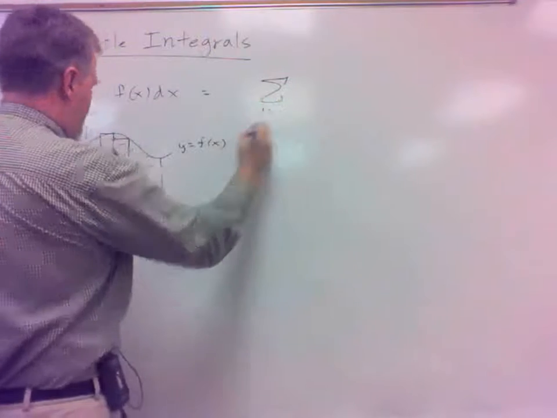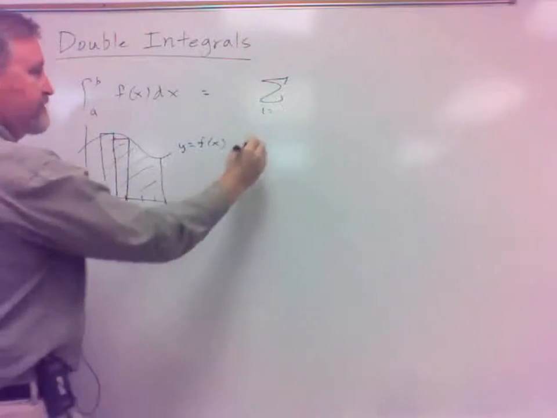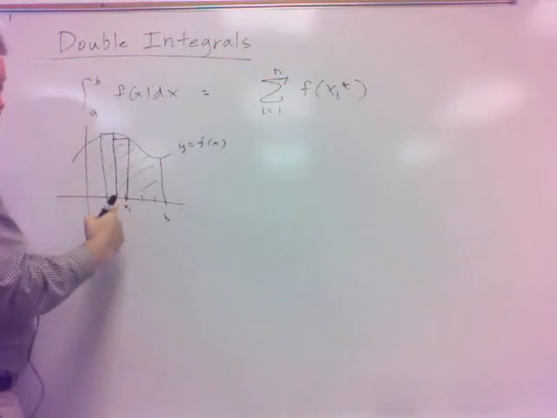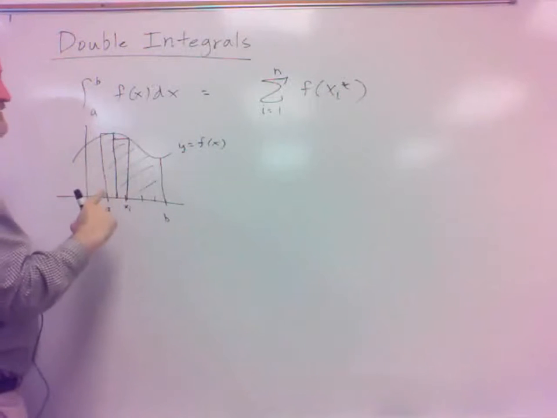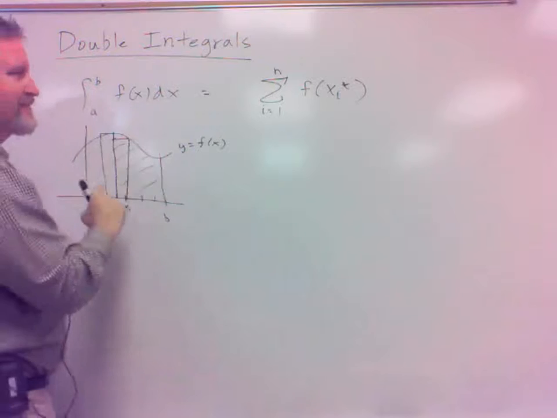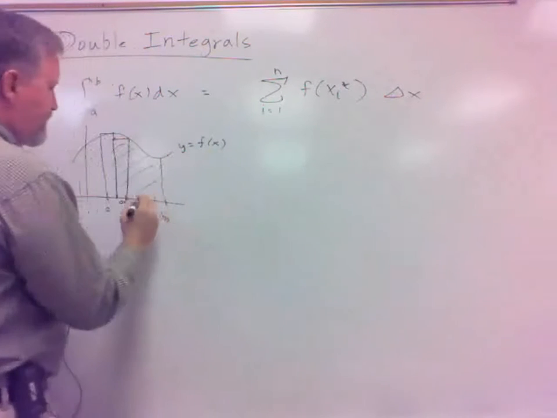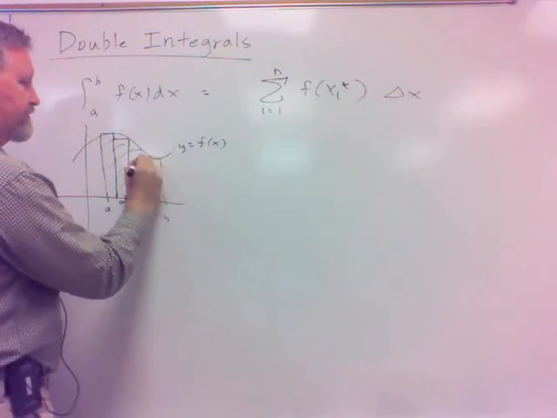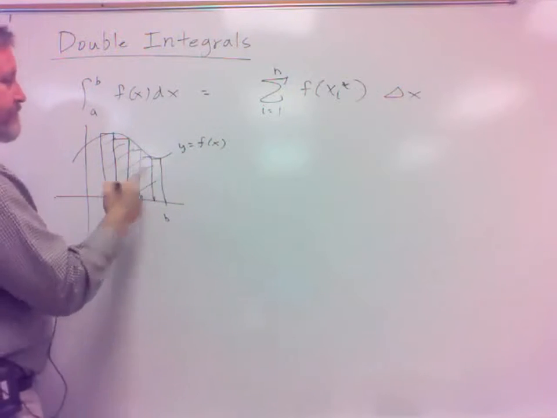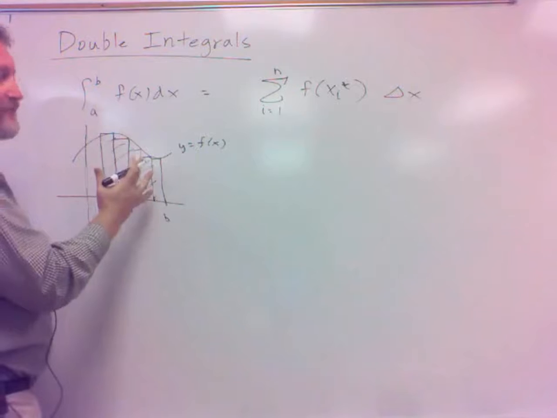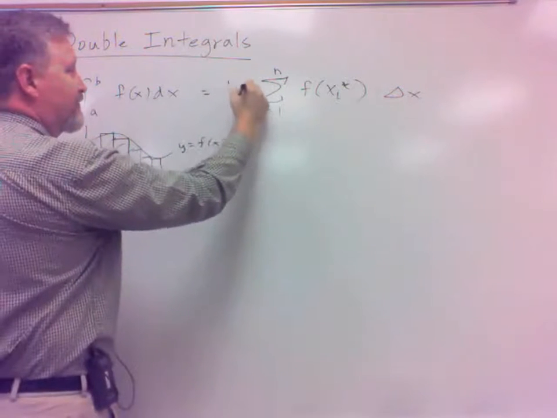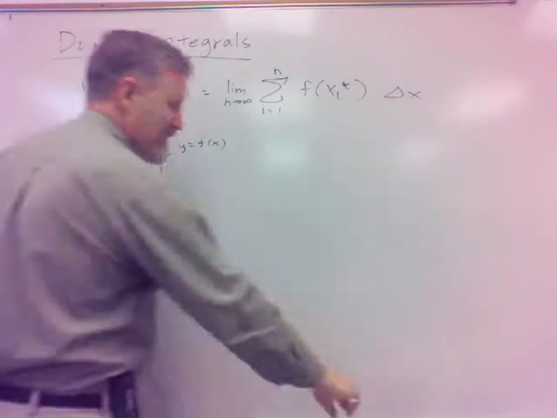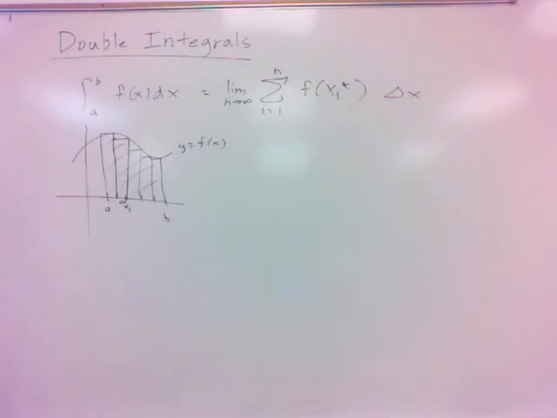If this is x sub i, then i ran from 1 to n, and whatever sample point we chose. You could use right endpoints, left endpoints, midpoint, and that gives us a pretty good approximation of the area under the curve. But to get it precisely equal, we did the limit as n went to infinity, right? Made infinitely many rectangles. Okay. Just some rehashing of what we did for that.